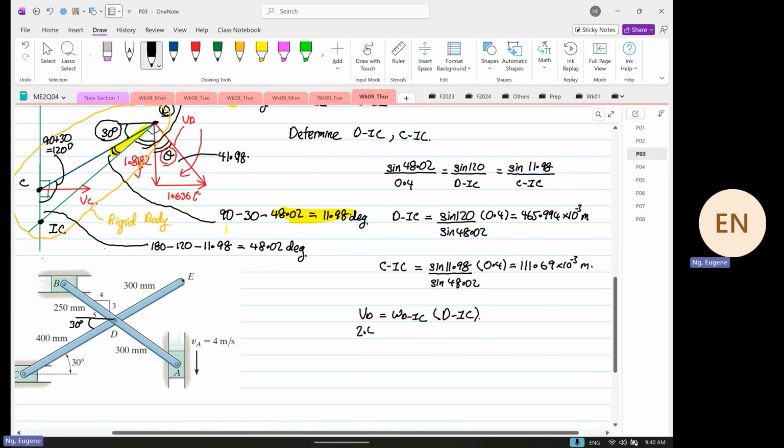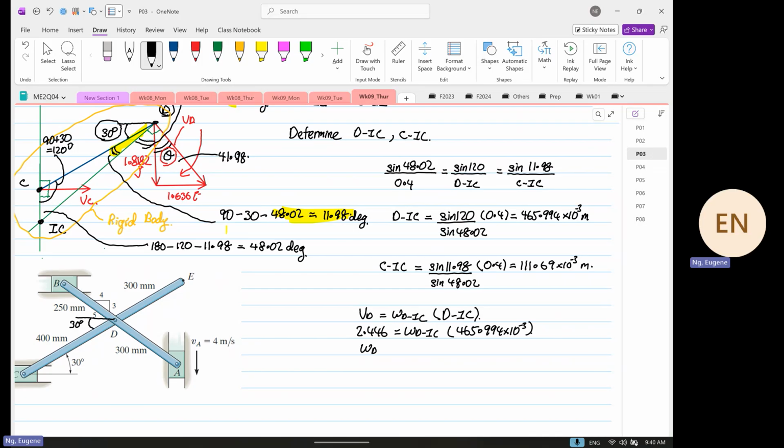So 2.446 is equal to omega DIC multiplied by 465.994 times 10 to the power minus 3. So omega DIC is 2.446 divided by 465.994 times 10 to the power minus 3, which is equal to 5.249 radians per second.